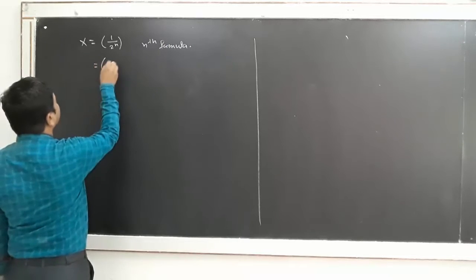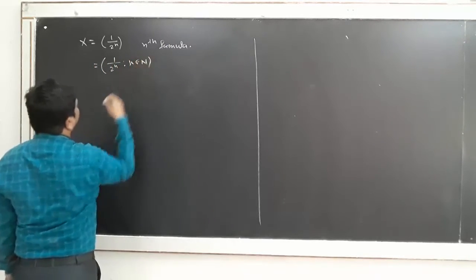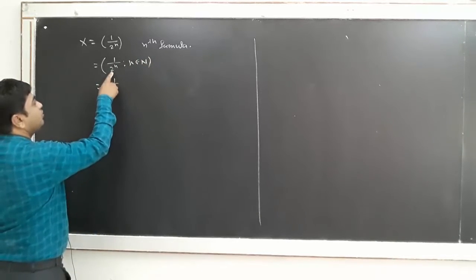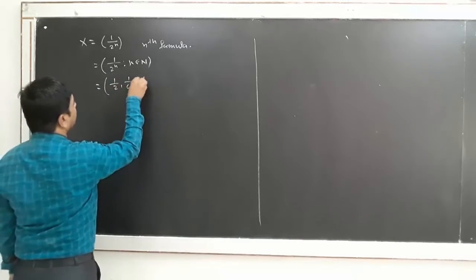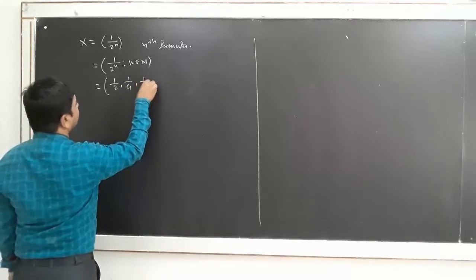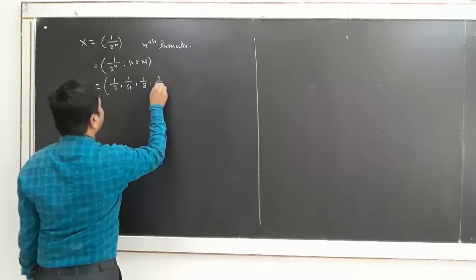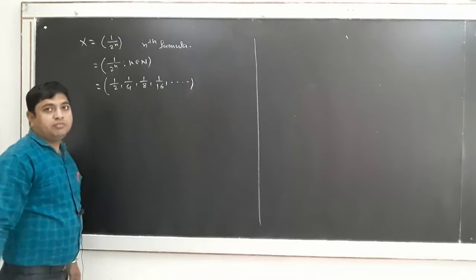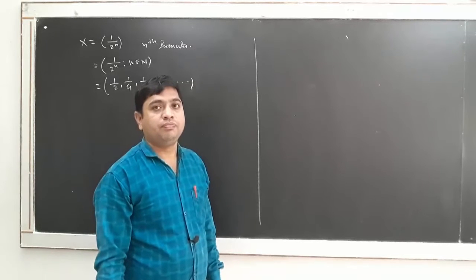This sequence can be written also like this: 1 upon 2 raised to n, all n belongs to the natural number. And what is it? This is nothing but 1 upon 2 raised to 1 is 1/2, 1 upon 2 raised to 2 is 1/4, 1 upon 2 raised to 3 is 1/8, 1 upon 2 raised to 4 is 1 upon 16, and so on. That means every sequence is given in terms of an nth formula.